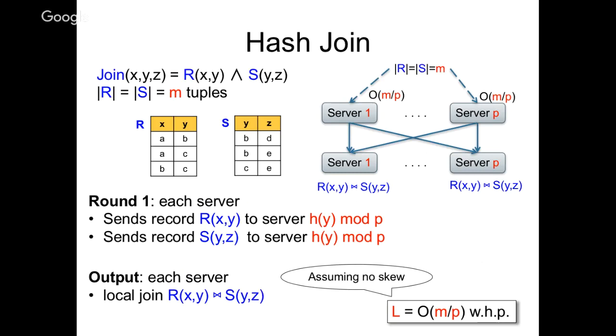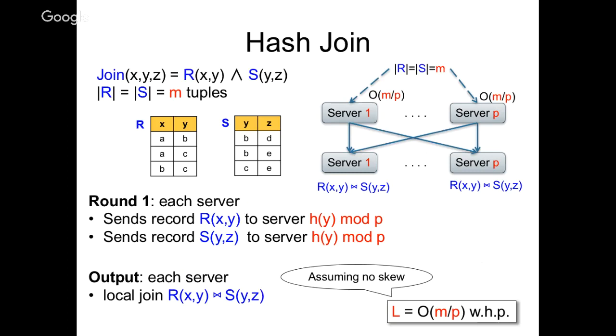So this is how systems work today. They use hash-based partitioning. Interestingly, they have a second technique, which is called broadcast join. So in broadcast join, they take advantage of the fact that often one of the relations is much, much smaller than the others. And then they keep R, for example, distributed as it came from the input.